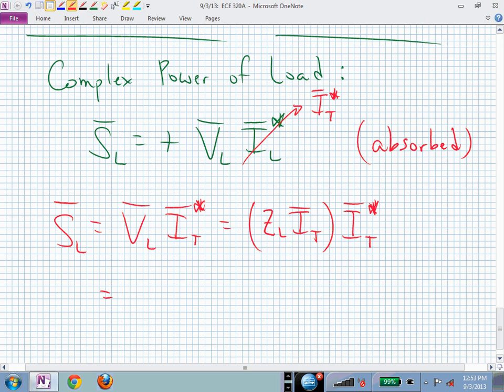And what is a complex number times its conjugate? Do you remember? That's the magnitude of that complex number squared. I don't have to worry about the angle anymore. So I times I star is just the magnitude of I squared. Now I have Z sub L times I sub T's magnitude squared.